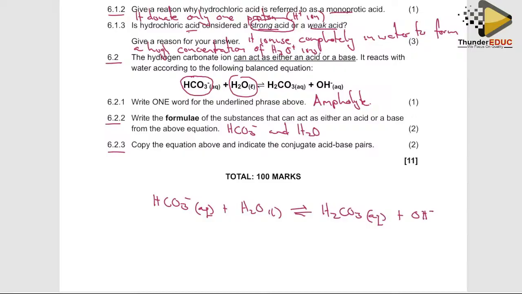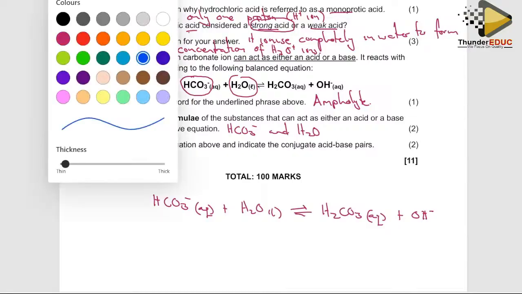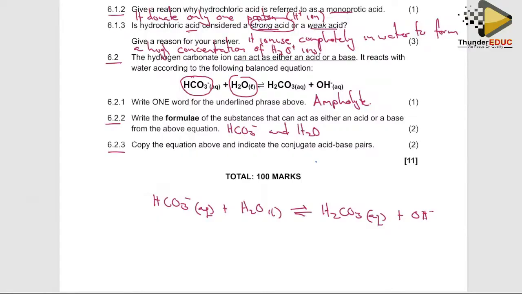For easy pairing, look at the differences in terms of the H plus ions. There should be a difference of one. HCO3 looks similar to H2CO3, so the difference is only one hydrogen there. And then these other ones can be paired together because the difference is just one H.